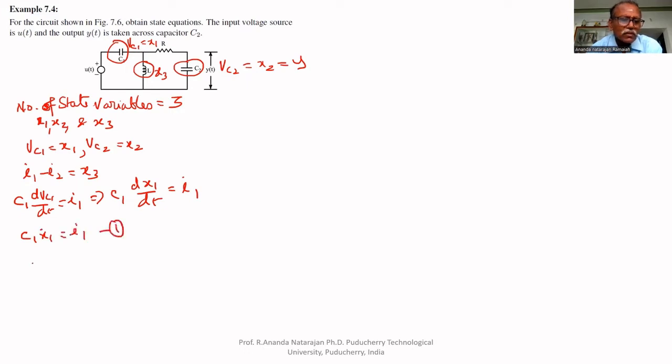This is the first equation. Similarly, we can write C2 dVC2 by dt, the voltage across the capacitor, equal to I2. That implies C2 dx2 by dt equal to I2, or C2 x2 dot equal to I2. That is the second equation.